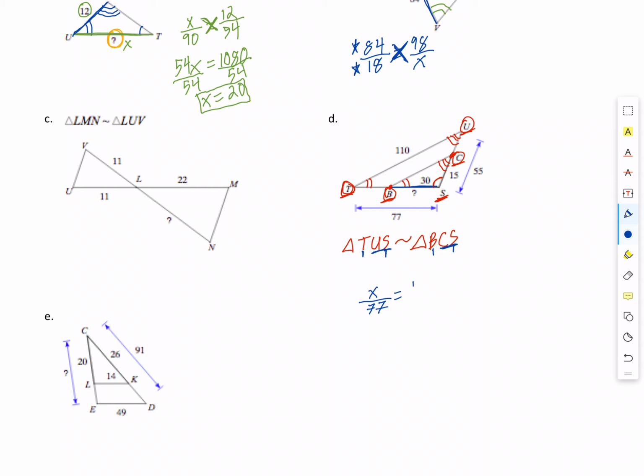So CS, the length is 15, just right there, over US, which the length was 55. And we'll cross multiply right there. Get 55x is equal to, what's that number? Looks like it'd be 2,310.